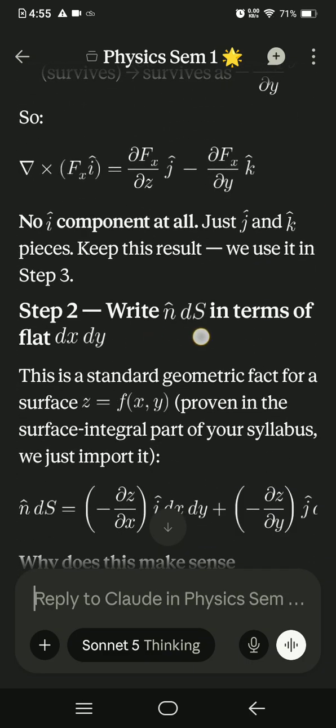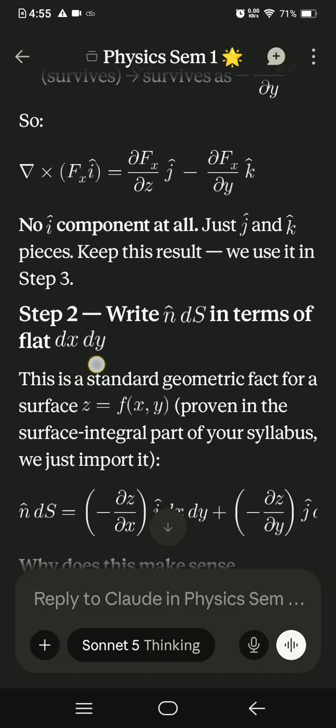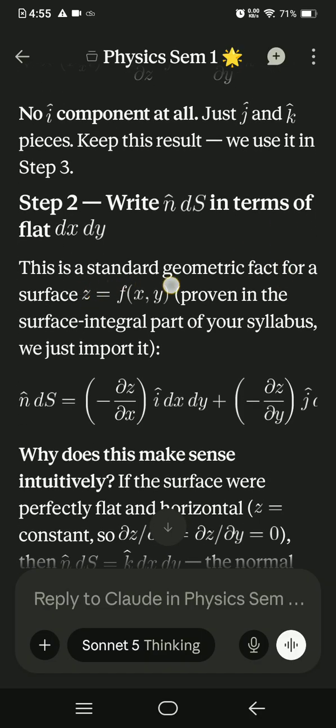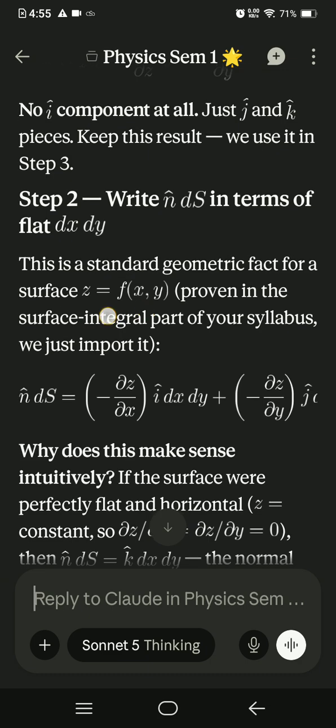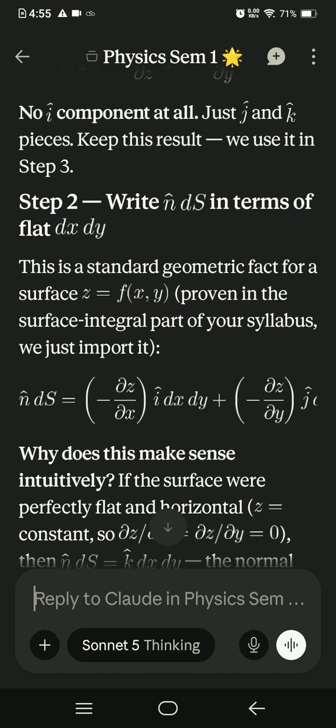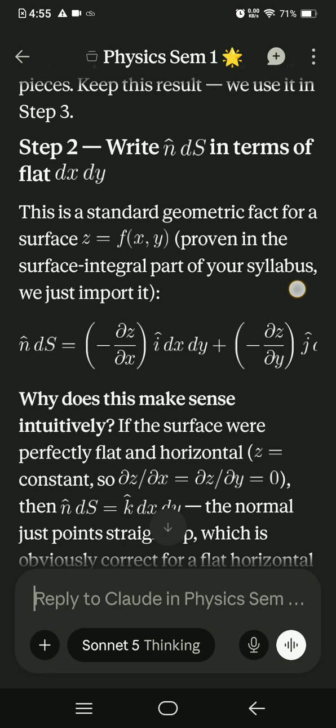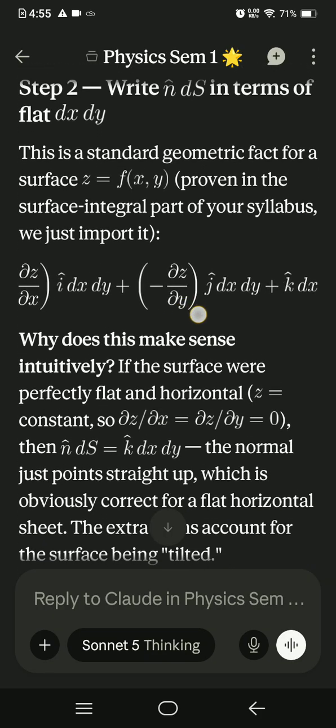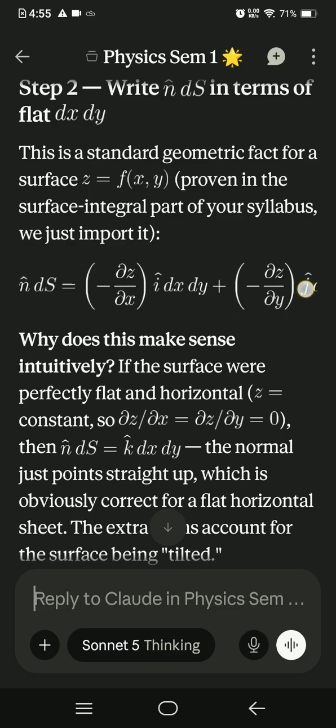So now write n dS in terms of flat dx dy. This is a standard geometric fact for surface z. This is proven in the surface integral part of your syllabus, we just imported another formula, guys. So the third imported formula we need to remember for this proof.